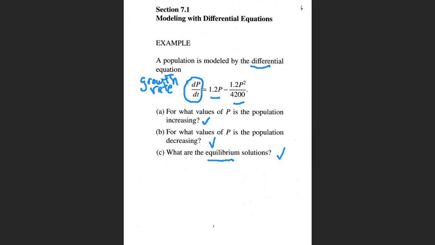A biologist, based on data, can find a differential equation to model deer population in a certain region. Let's just suppose this is our differential equation. Well, how are we going to answer these questions?